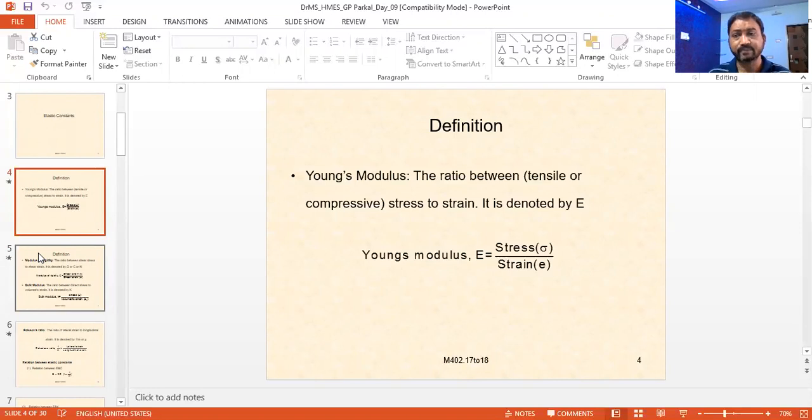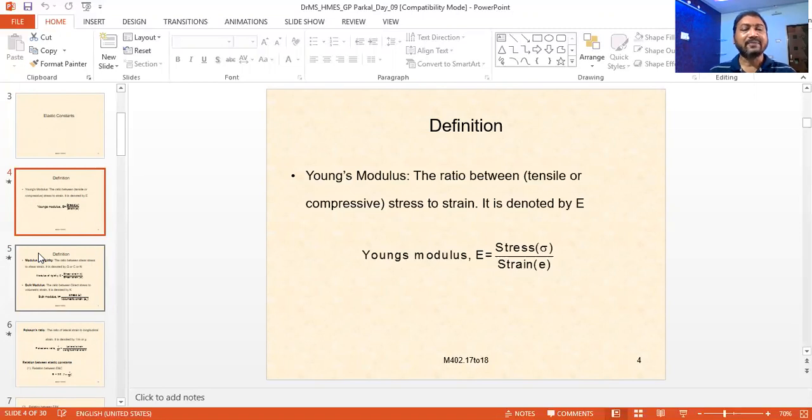And whenever the body is subjected to a compressive force, it will shorten the length. That is, the length decreases, and the corresponding stress and strain are taken to be negative.